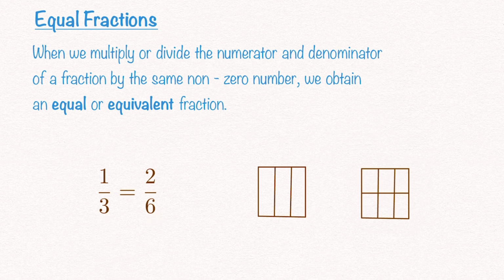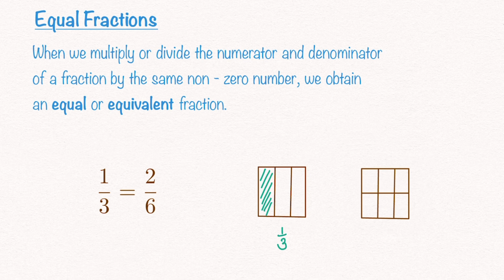And to show you clearly, we're going to use the same size square blocks here. So I have one square that is divided into 3 equal parts. To represent 1/3, I'm going to shade in 1 out of the 3 and call this 1/3. The one on the right is divided into 6 parts right here.